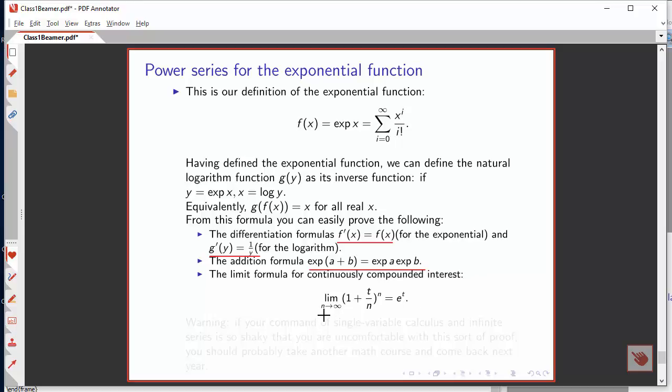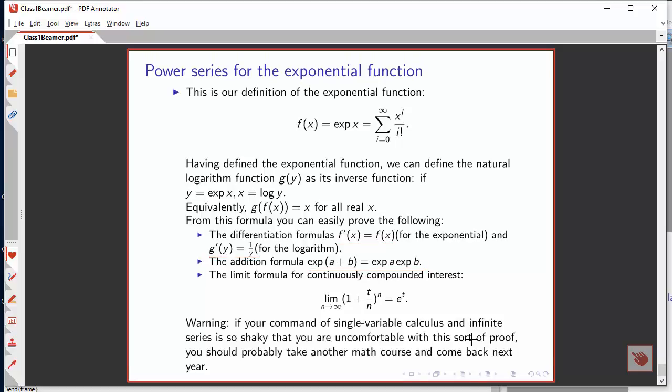And finally, you can prove the limit formula for continuously compounded interest, that the limit of 1 plus t over n to the nth power, that's the growth factor if you divide into n subintervals and accumulate interest over each of them, as n approaches infinity is the exponential of t.